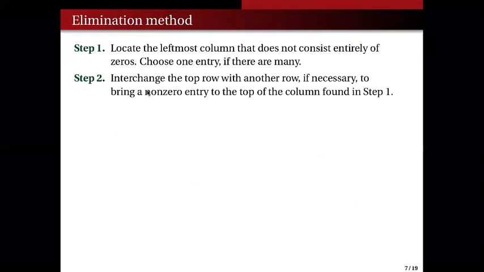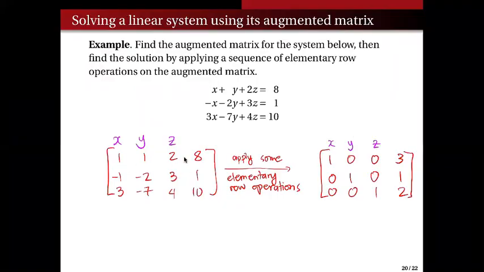Second step. Interchange the top row with another row, if necessary, to bring a non-zero entry to the top of the column found in step 1. So, what does this mean? In this example, we already chose this entry, and it's already on the top row. So we don't have to do any interchanging of rows.